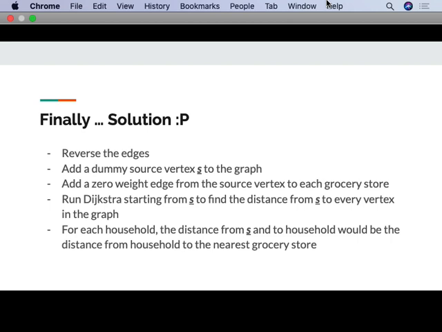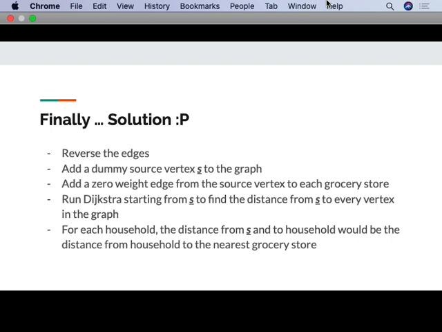But I think the problem with that is, if you're representing all houses as one node, notice that for one house, its closest grocery store might not necessarily be the closest grocery store to some other house, right? So if you're representing all houses using one vertex, I think there's eventually a problem. Whereas if you reverse it, just like in the case of the homework problem, it's not going to affect it.